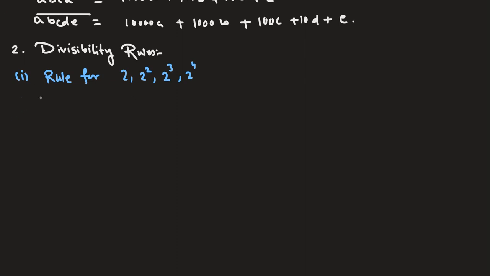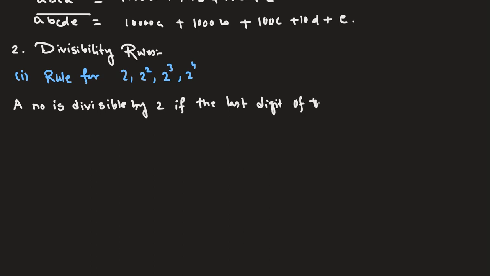A number is divisible by 2 if the last digit of the number is divisible by 2 power 1.